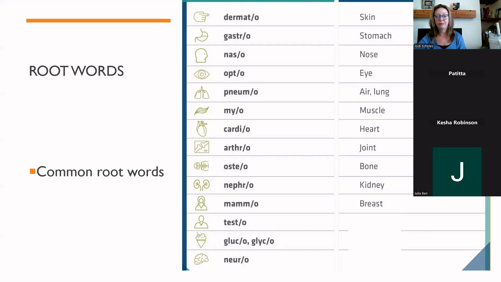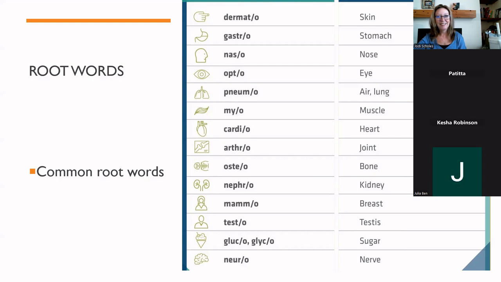Mammo has to do with breasts. Mammogram, right? Testo. Testosterone is produced in the testes. Now, what about this? Gluco, glyco. Sugar. That's sugar in the blood. Glycogen, glucose, sugar in the blood. And then neuro, nerves, brain. Yes.